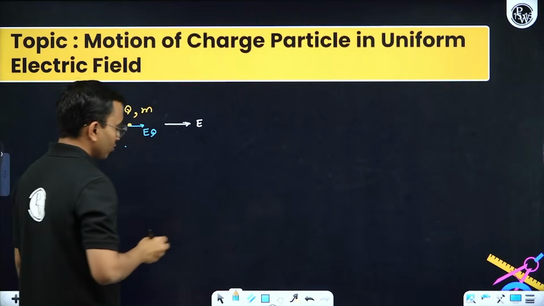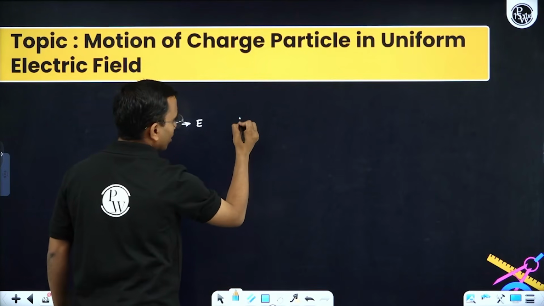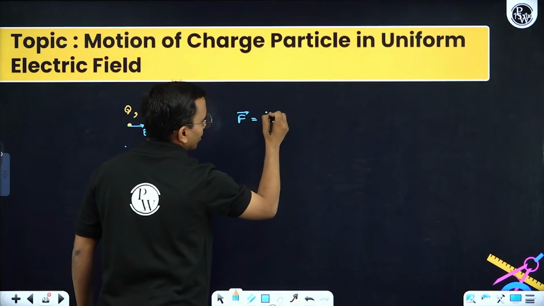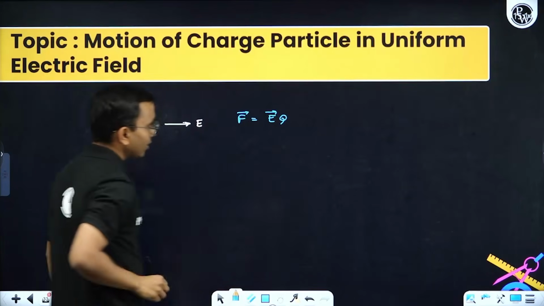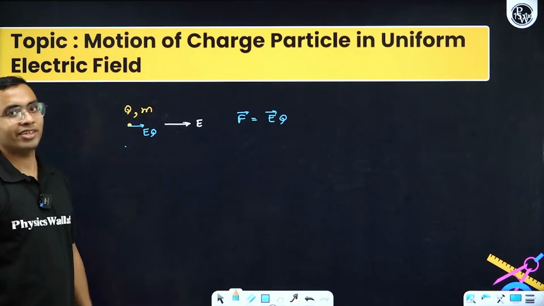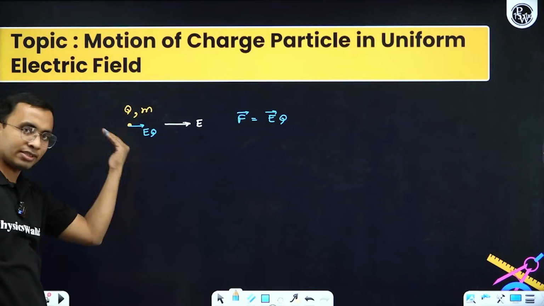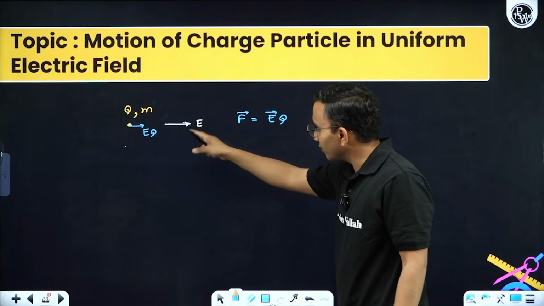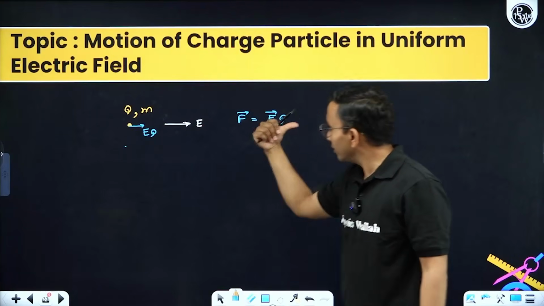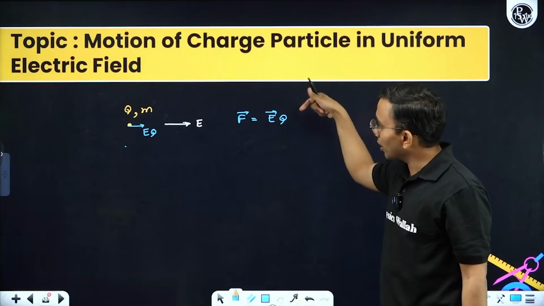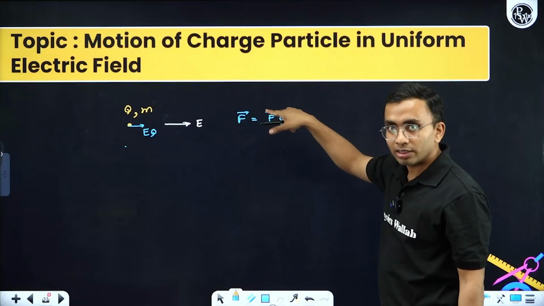Okay, simple. So when I write the force, I'll say force is simply the electric field into the charge. If the charge is positive, the force is in the same direction. If the charge is negative, the force is in the opposite direction of the electric field. Try to understand this. If charge is positive, the force will be in the same direction. If charge becomes negative, a negative sign will come.